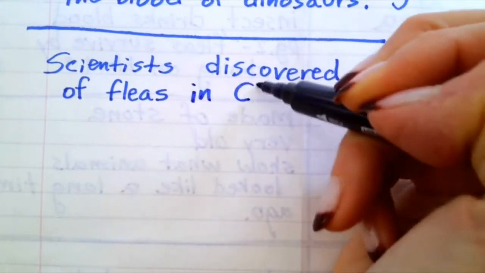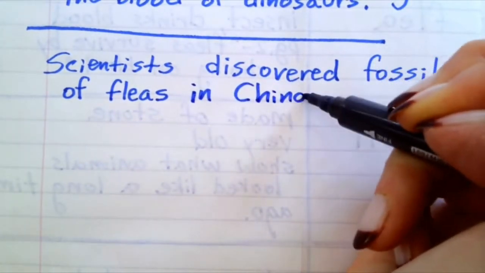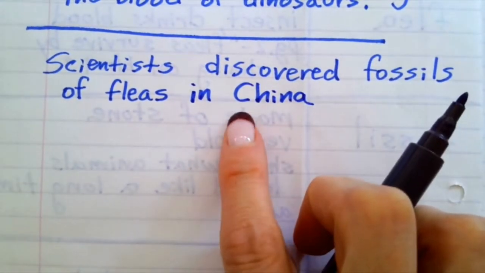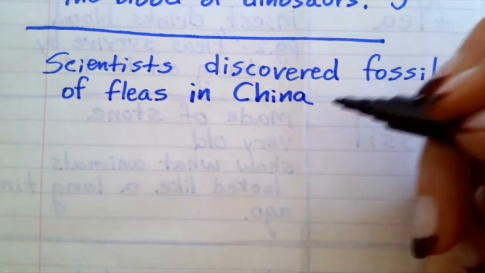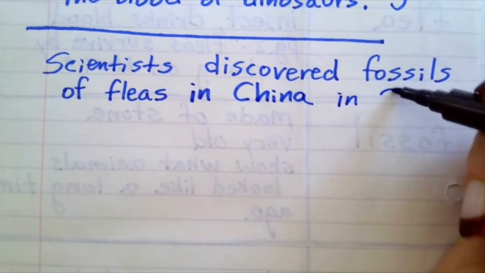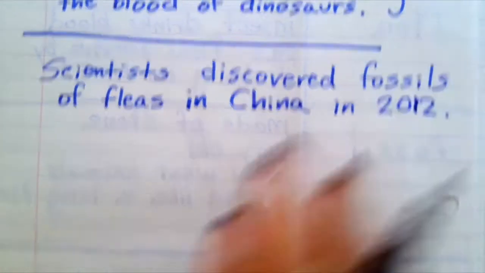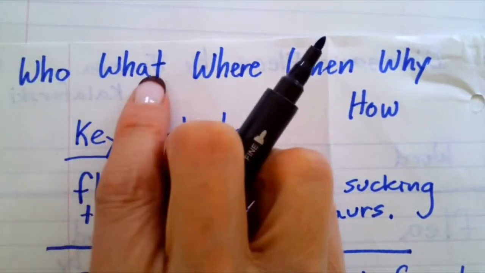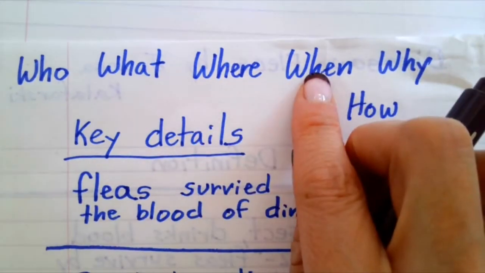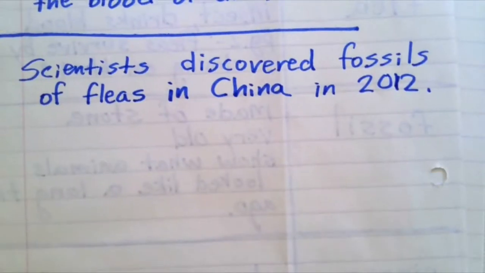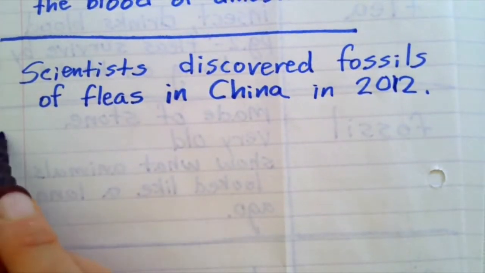In China, notice that I capitalized China because that's the name of a country. In 2012. So that tells us a who did what, where, and when. That's our second key detail.